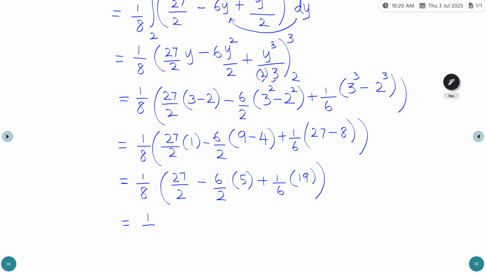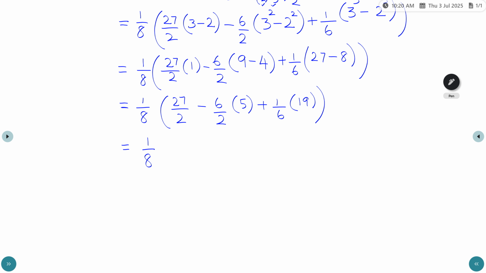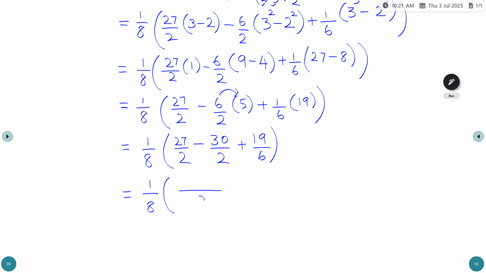So 1 by 8. Are all the denominators the same? Before that, 27 by 2 minus 6 5s are 30 by 2, plus 19 by 6. So 1 by 8, the first two terms have the same denominator 2, numerator 27 minus 30, that is minus 3, plus 19 by 6.